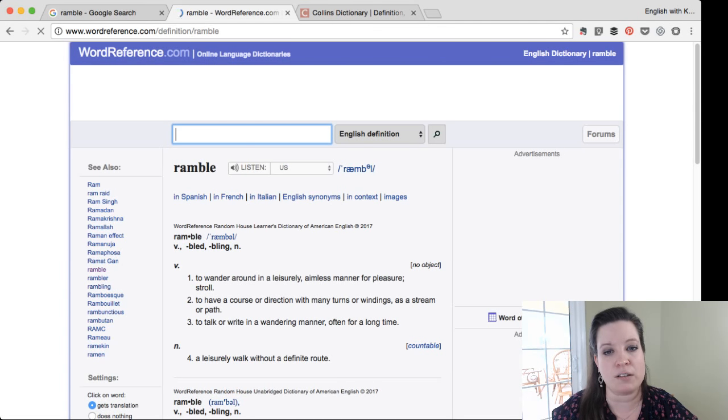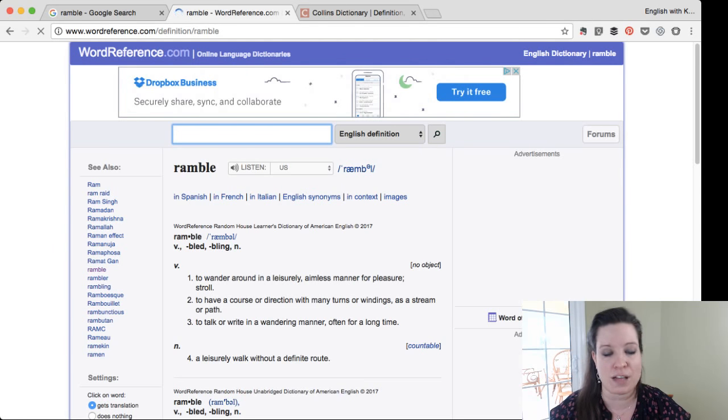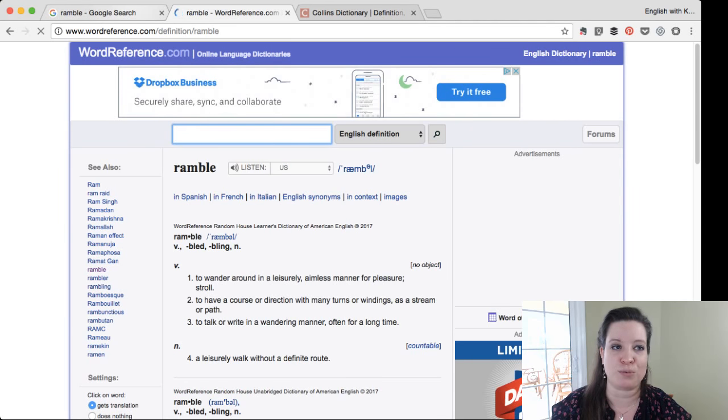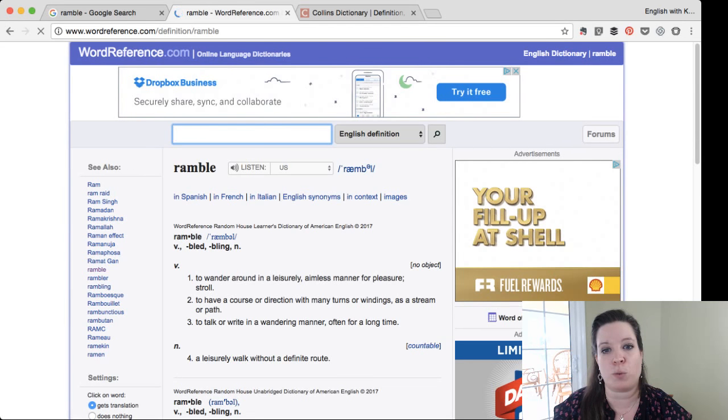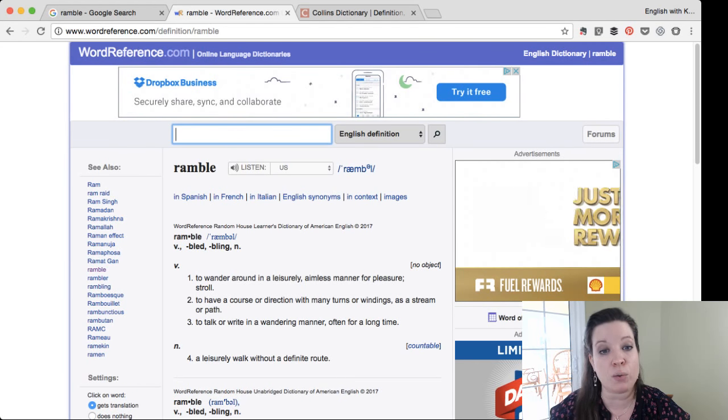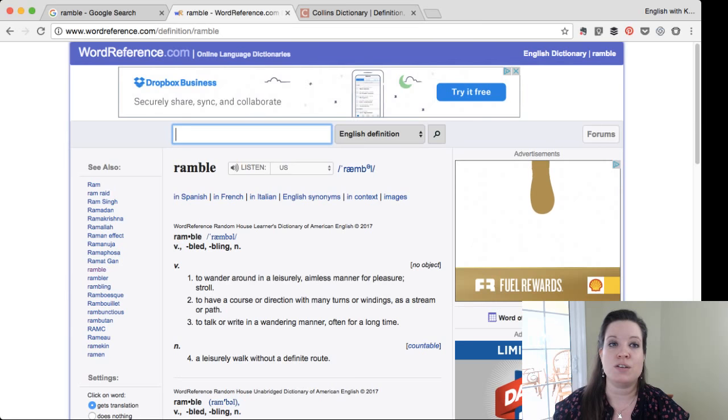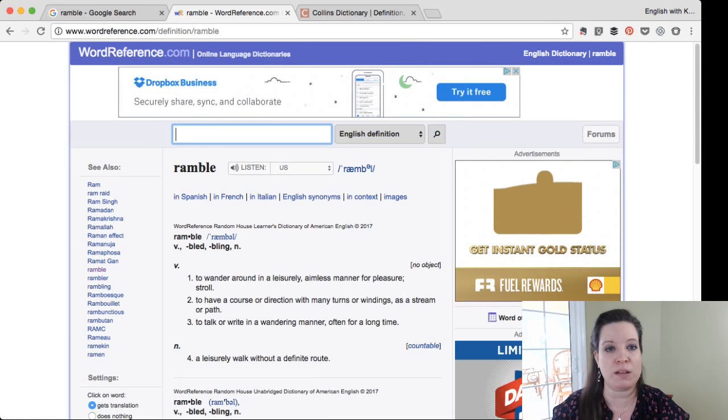To wander around in a leisurely, aimless manner for pleasure, or to stroll, or to have a course or direction, or to talk or write in a wandering manner, often for a long time. This is a better definition than what Google returned to me, right? In this case, this is more likely the way the word ramble is being used: to talk or write in a wandering manner. So we already have the definition just by looking it up here.